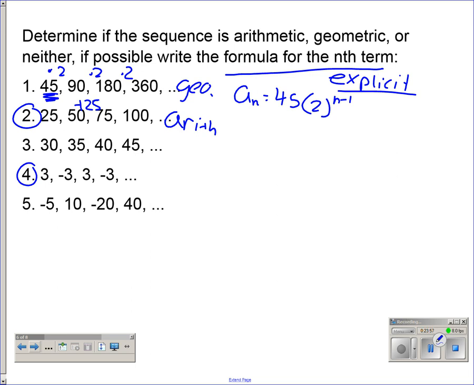So a sub n equals my first term, 25, plus n minus 1 times my common difference. What's my common difference? Well, I just said it, 25, since we're adding 25 each time. That's it. Any questions on this so far?